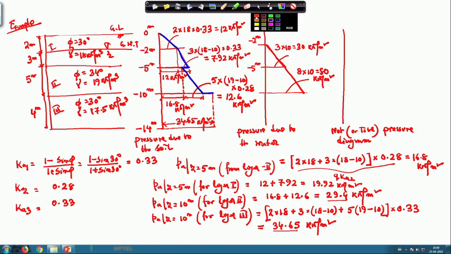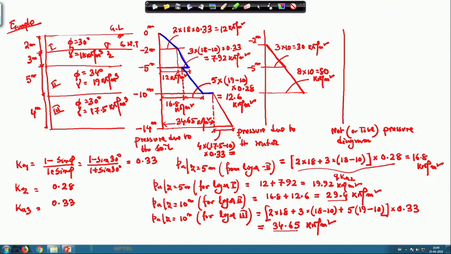Now, we will do the pressure due to the third layer. Okay. So, this value is 4 into 17.5 minus 10 into 0.33. Okay.